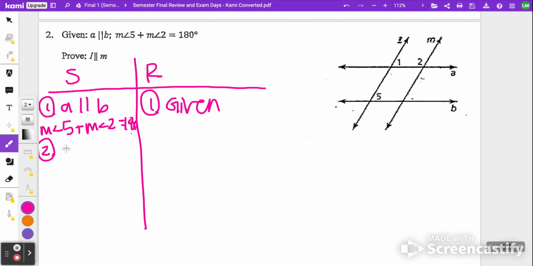Because of that, for angle 2 and angle 5, you also maybe want to pull in angle 1 here because we haven't discussed angle 1 yet. So let's talk about angle 5 can be congruent to angle 1 because they are, you can say, corresponding angles.